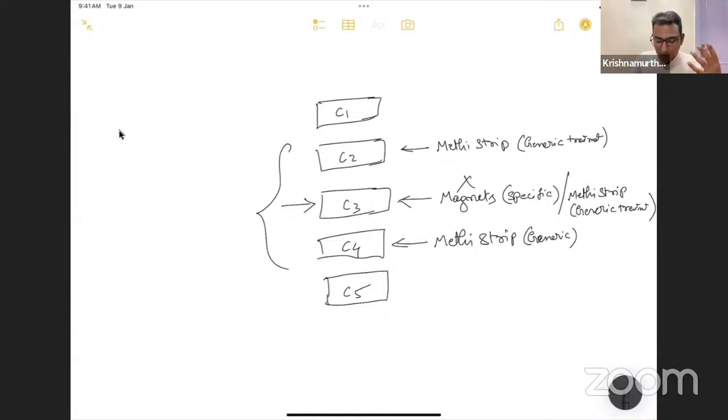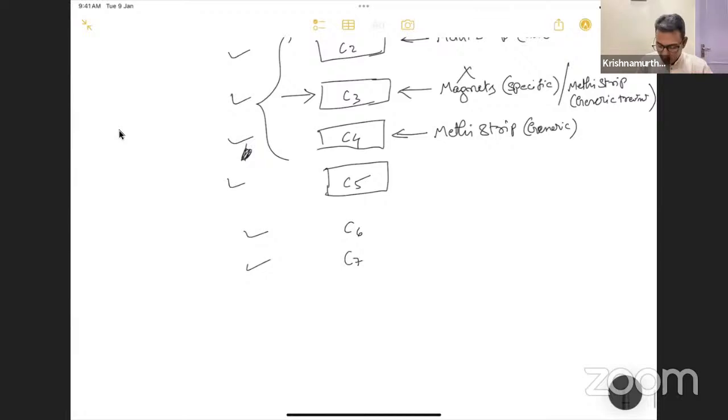If you don't know if C3, C4 or C5 is affected, but you know that the cervical is affected, then what will you do? You just apply methi strip on C1, C2, C3, C4, C5, C6, C7 and one below, that is thoracic one.